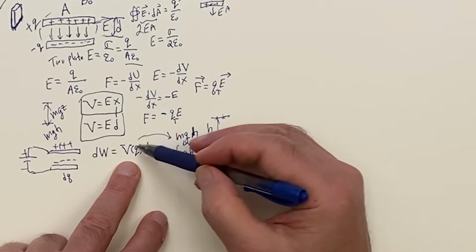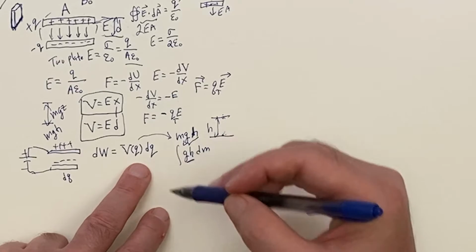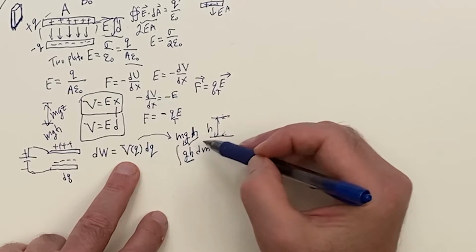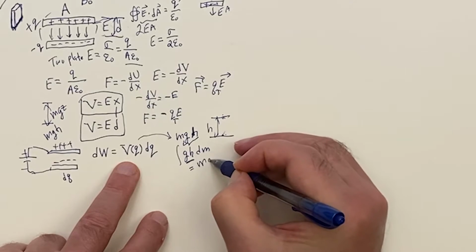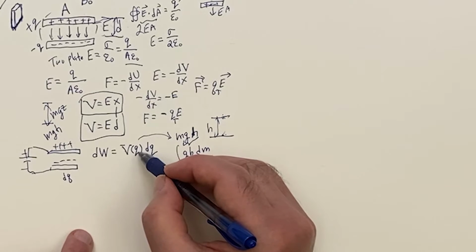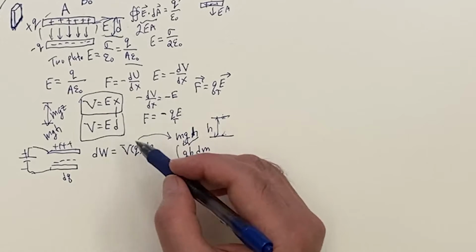But here, when you have the potential and the little piece of charge you want to move to the other place, you're going to change the potential. Here you don't change it, so that is an easy integral. This is mgh, but here I have to be careful. For the V, we're going to use this formula here.